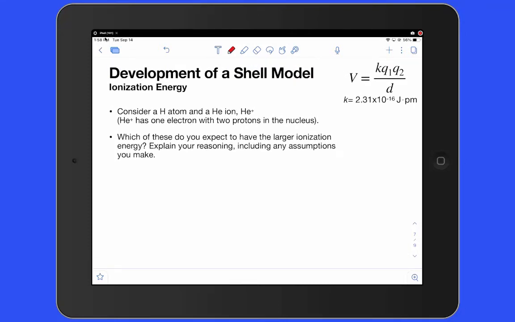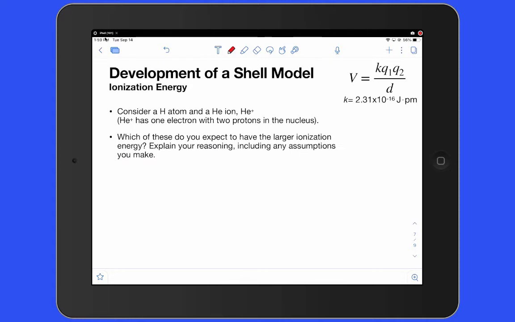Okay. Consider a hydrogen atom and a helium ion, He+1. The helium ion has 1 electron with 2 protons in the nucleus. Which of these do you expect to have the larger ionization energy? Explain your reasoning, including any assumptions you make. I'm going to give you a minute or so to write some stuff down and think about this.